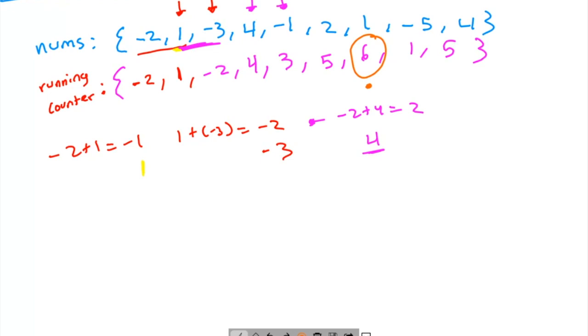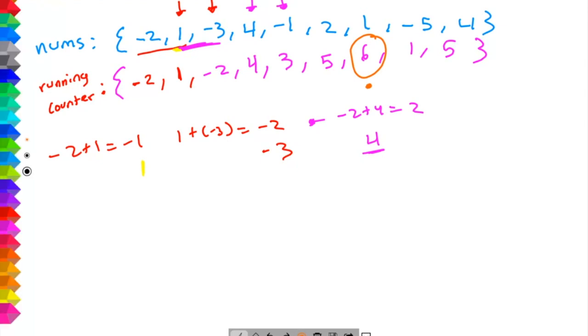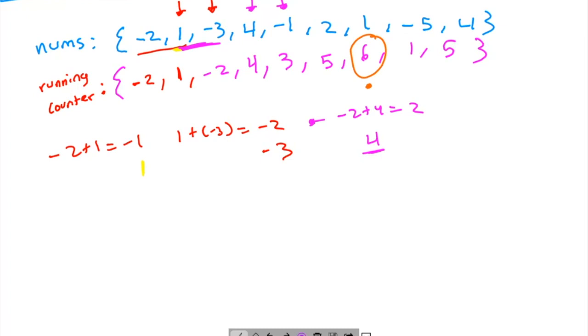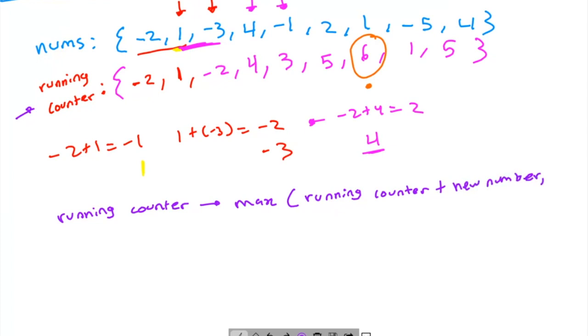And this is the sample test case. So this is how we can solve the problem. And to implement this into code, the way we can write this out is, as we go through the array, we would be looking for the running counter. In order to calculate the running counter at a position, we would look for the maximum between the current running counter plus the new number and just the new number.